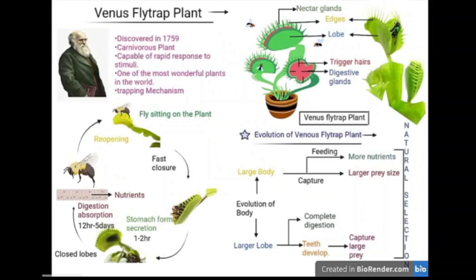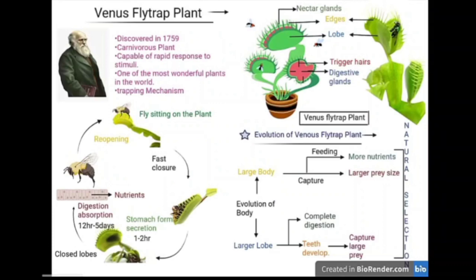As both concave and convex are present, it forms a cavity inside the lobe. So here the plant lobe is open where there are no insects. When insects come and sit on the plant, the lobe suddenly closes and the insect is trapped inside that lobe, formed by the convex and concave portions of the lobe.